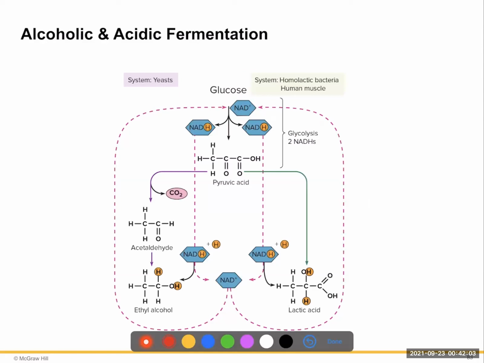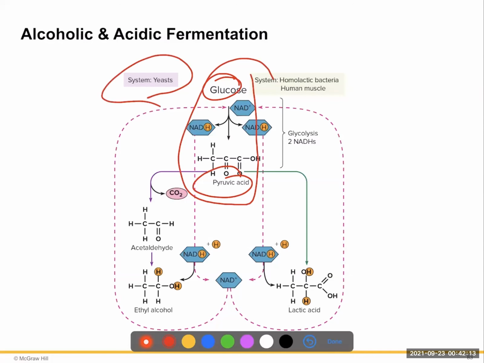So this is how you make alcohol. Right? This is your glucose, breaks down to pyruvic acid, same first step in all of them. If you add yeast to it, it produces acetaldehyde, produces ethyl alcohol as your final product. Okay. If you do not add yeast, then you get your CO2 produced, which gives you bubbles. Got to have bubbles.